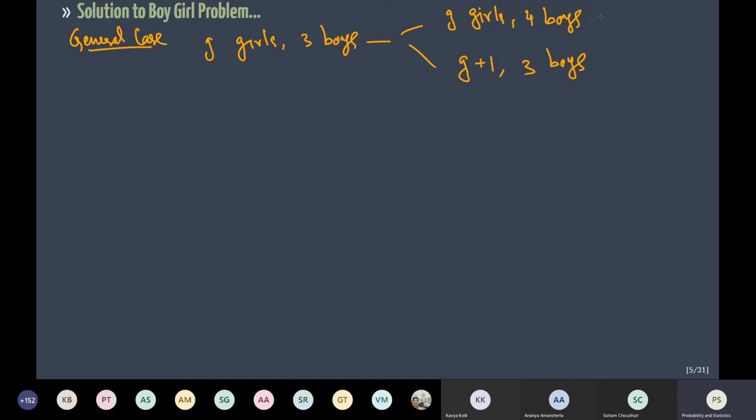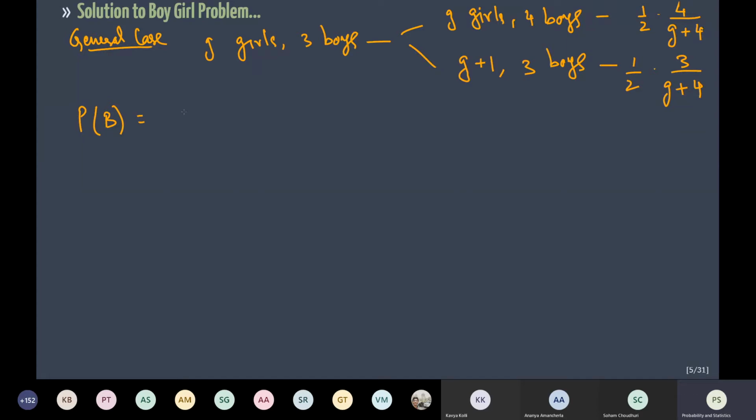If I compute along this branch, it is half of 4 divided by G plus 4, and along this one it's half of 3 divided by G plus 4. Okay, so we can go ahead with the same plan as before. We want to calculate the probability of B, where the events B and N are defined as before.